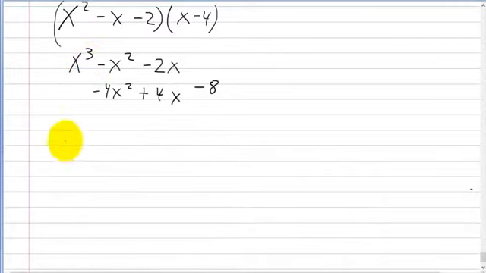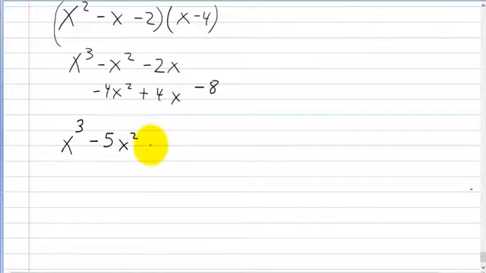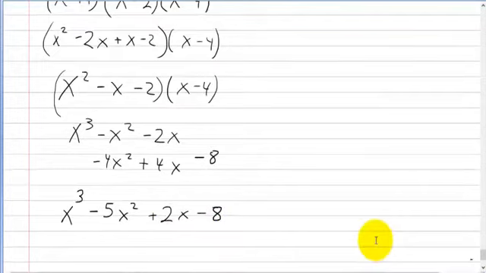So x cubed just drops down. Next is negative x squared plus negative 4x squared, which is negative 5x squared. Then this is going to be negative 2x plus 4x, which is 2x, and then minus 8. Whoops, I made a minor mistake here.